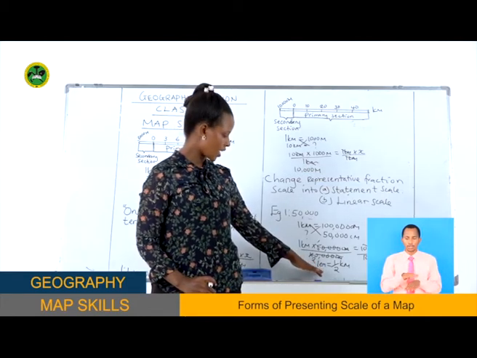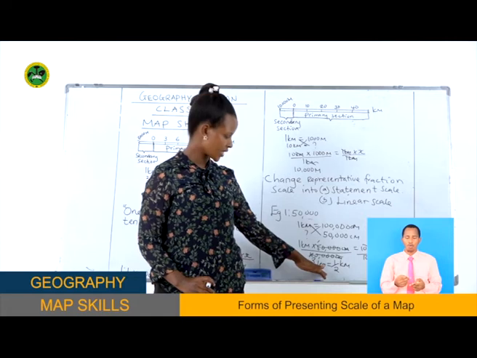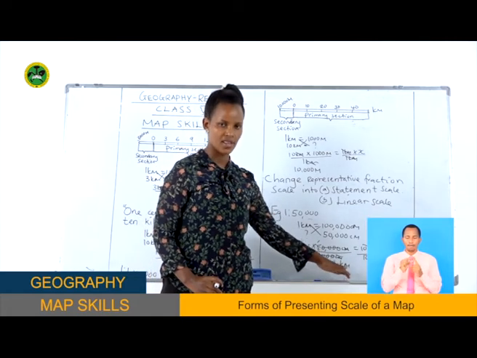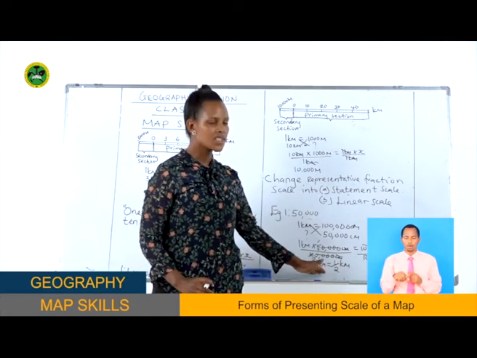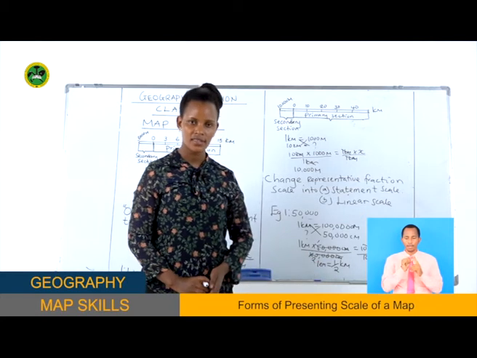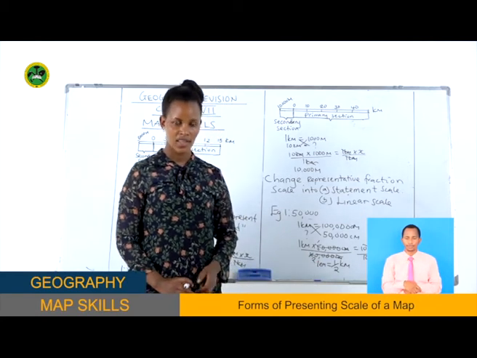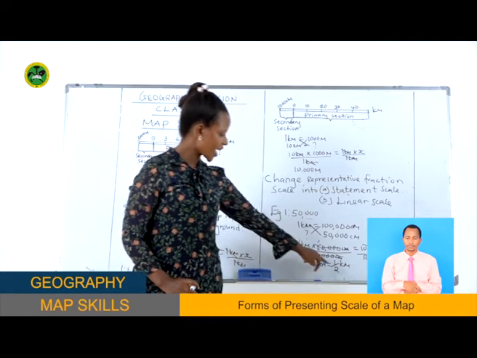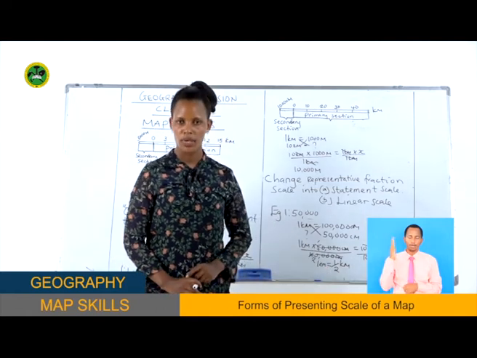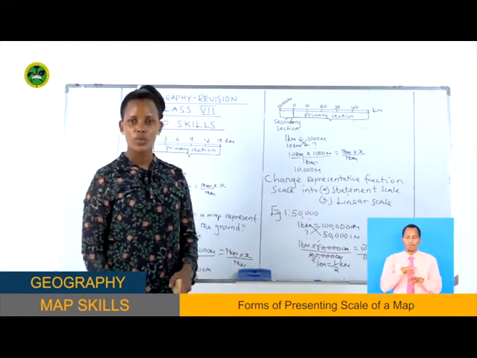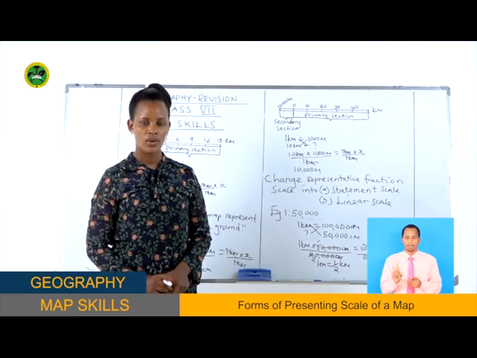it should have centimeter as map distance, and kilometers as ground distance. But is this the proper way of writing Statement Scale? The answer is no. The equal sign is not the proper way of writing Statement Scale. So we have to write in words.